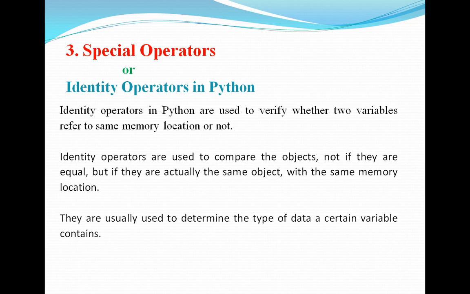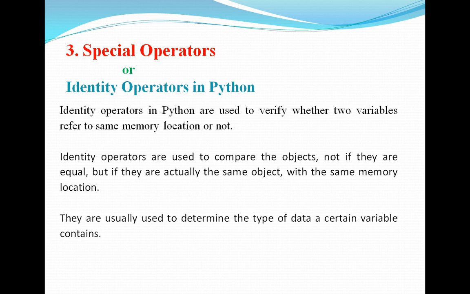Identity operators are used to compare objects, because in Python everything is done with the help of objects. So if you want to compare objects, then you use the identity operators. It will return true if the identity is the same, and if the identity is different then it is false.